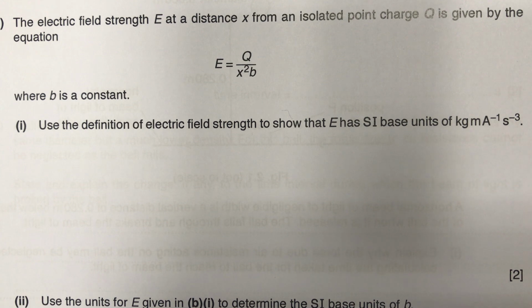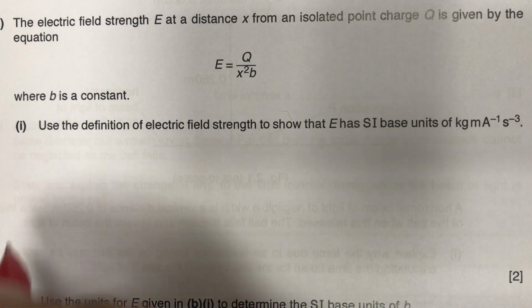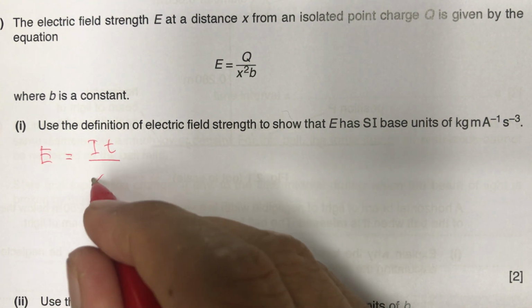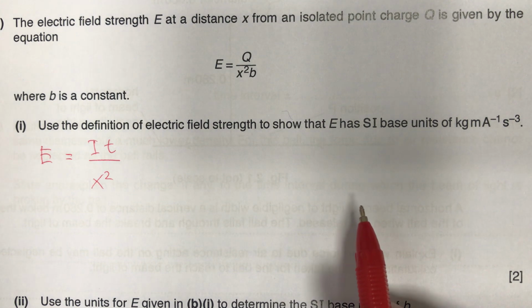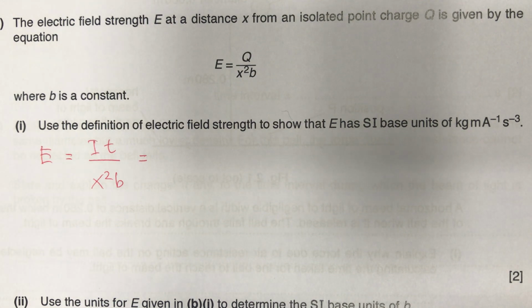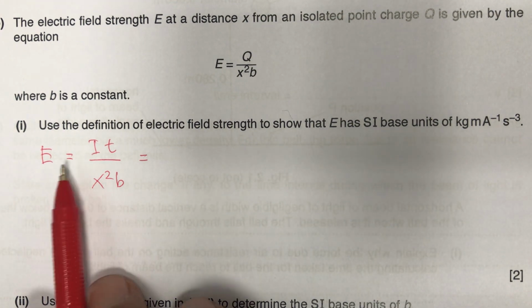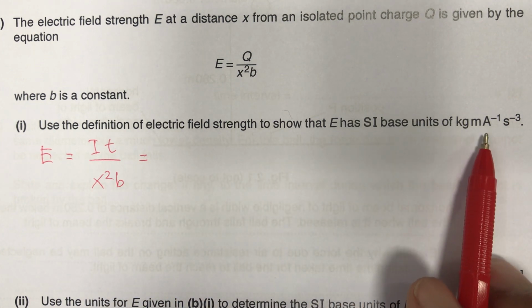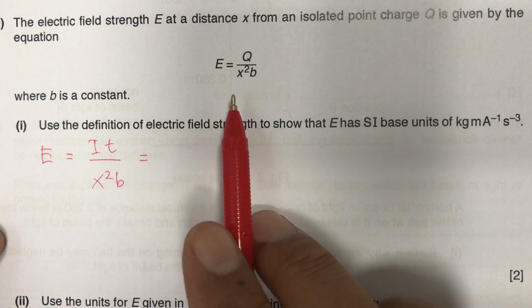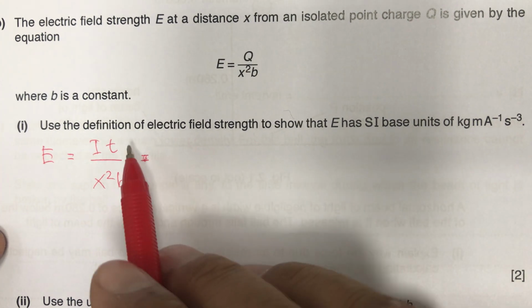So, start from E equals Q divided by x squared B, where B is a constant. Sorry, this is not from this equation, but we start from the definition of electric field.